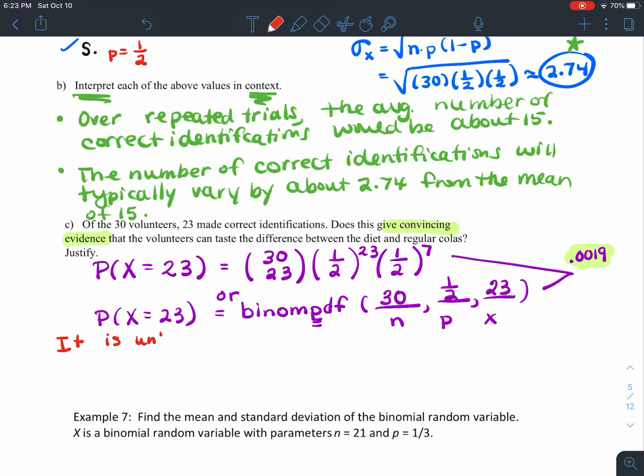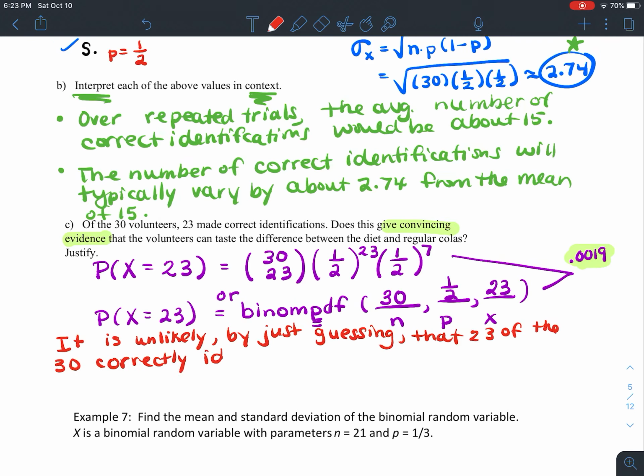So we're going to say it is unlikely by just guessing, because if they're just guessing, we're leaving it up to random chance, that 23 of the 30 correctly identified the cola. And then I'm just going to put in the parentheses here what that percentage is. It's not even 1%. It's 0.19%.